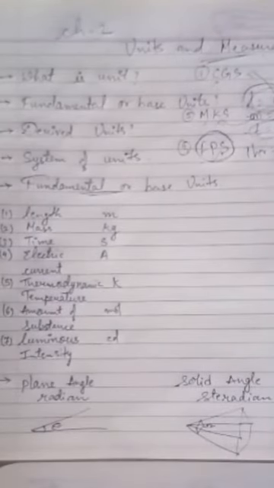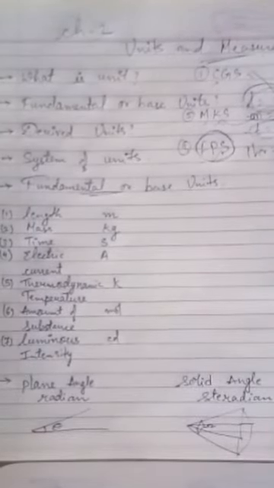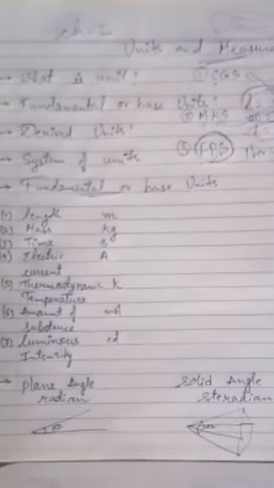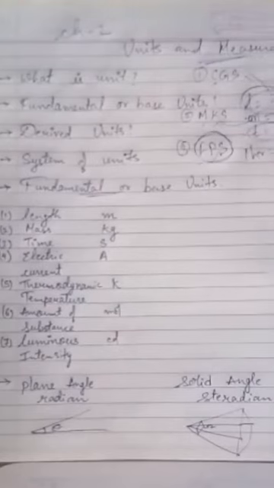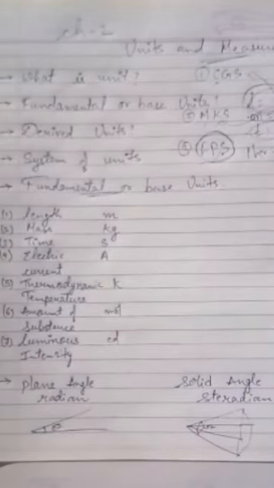So your length must be in meter, mass in kilogram and time in second. Then it becomes the MKS system. So for numerical use, you have to convert all the quantities into any one of these three.